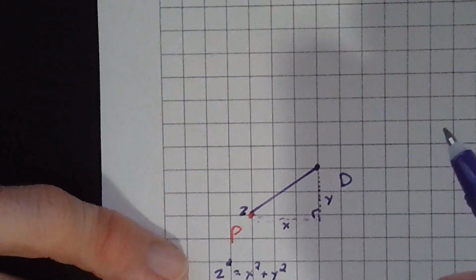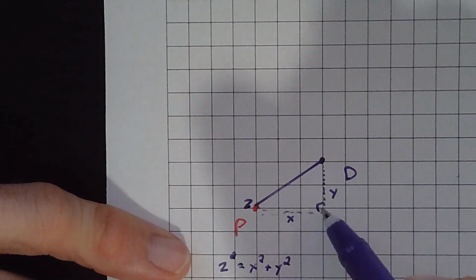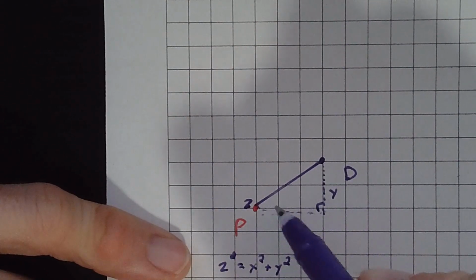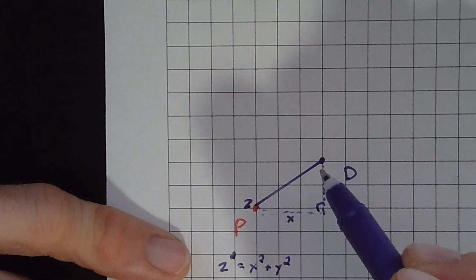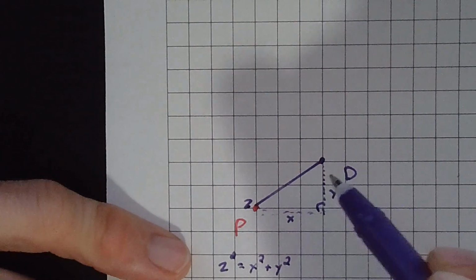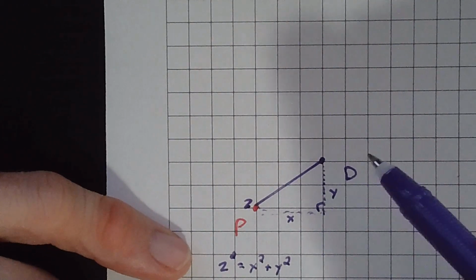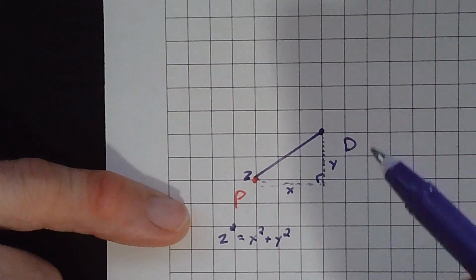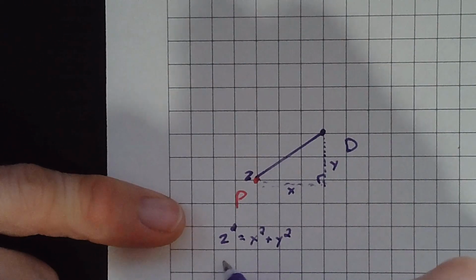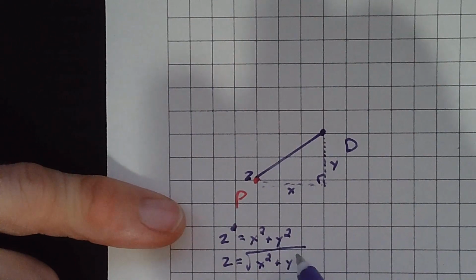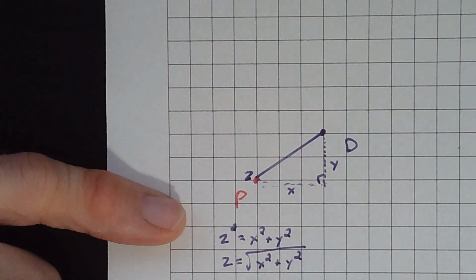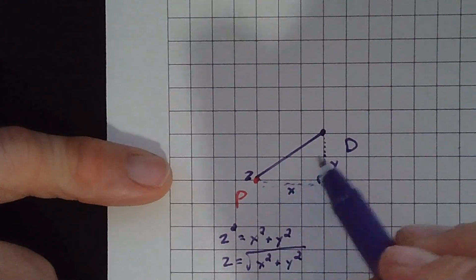Well, it's really easy to figure out x and y because you just count the blocks between the 2 points. Maybe it's a half point, and you just have to estimate it's 0.5. But if you solve for z in this case, z is just going to equal the square root of x squared plus y squared, which is really convenient. This is your distance equation.